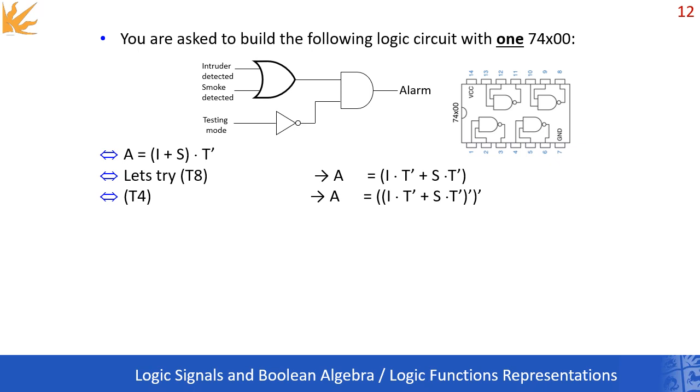And the reason we do that is because this allows us to apply De Morgan. Now, as you can see here, we have applied De Morgan first over here. Inside the parenthesis over here, we got the terms I and T inverted. And we've also applied it to S and T inverted.